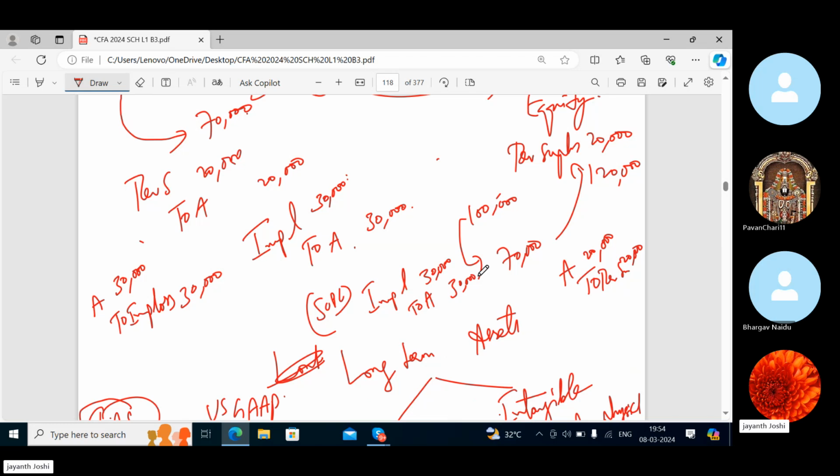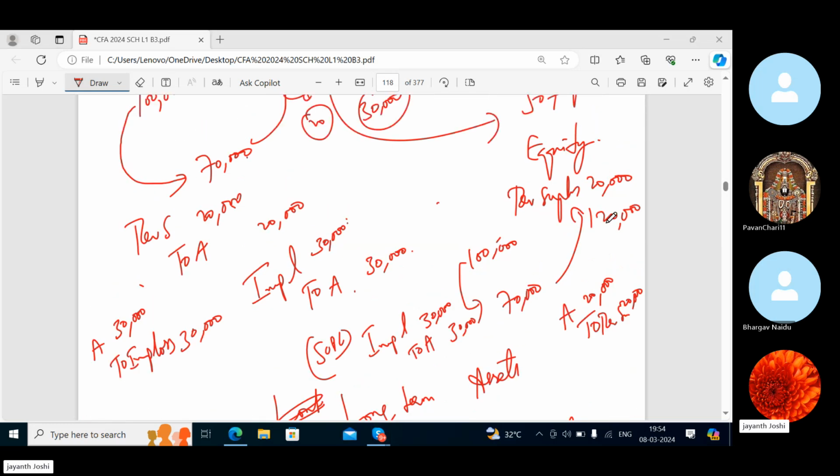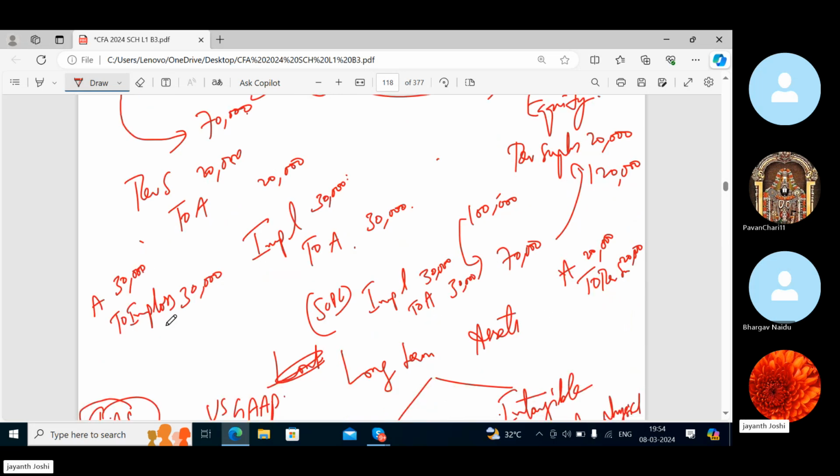But now the asset value has gone from 70 to 120. So the previous loss of 30 will be reversed. So asset to impairment loss, I'll put 30, and then the excess gain of 20, because from 70 it has gone to 120. So the previous 30 loss I have reversed, and the excess gain of 20 will go into the revaluation surplus. So asset to revaluation surplus.